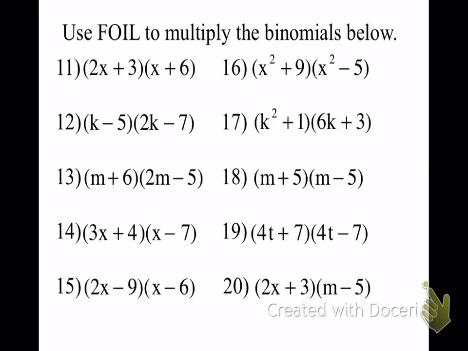So I'm doing 2x times x is 2x squared. 2x times 6 is plus 12x. Then I do 3 times x is 3x, and 3 times 6 is 18. So I get 2x squared plus 15x, it's supposed to be a 15, plus 18.